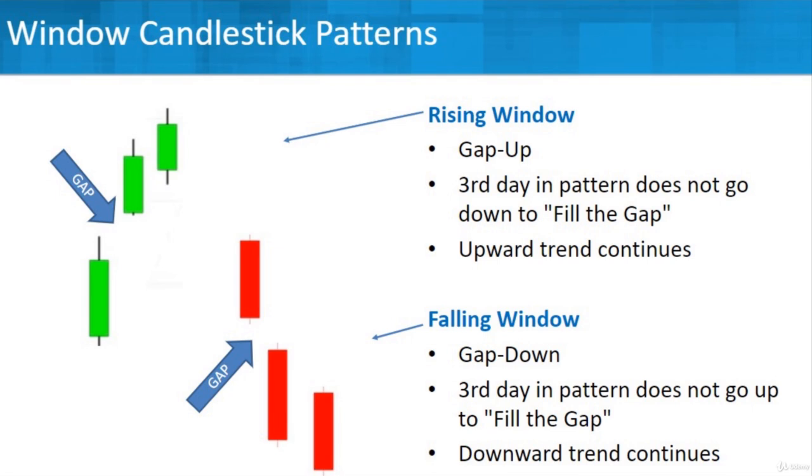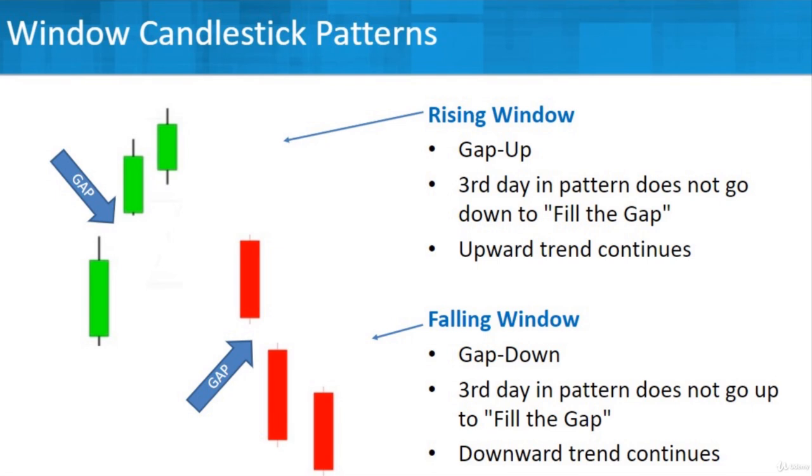Sometimes people trade and think, I anticipate it's going to go down because we had this gap and there's not a lot of volume behind it, not a true breakaway gap. So that third day, it's going to come back down, that's what we'd be watching for. And if it doesn't come back down, then we have a true breakaway gap. This would be what you could call a rising window pattern, where the gap isn't filled and the upward trend continues.